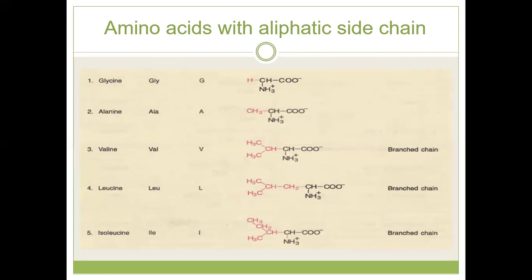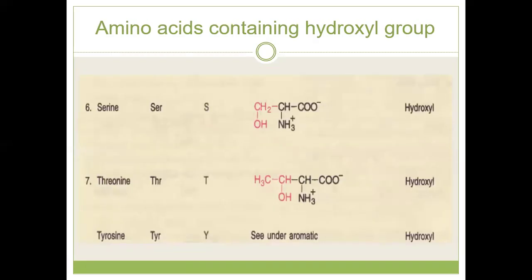So the next is hydroxyl group containing amino acids. So amino acids that contain hydroxyl group. The first one here is serine. When you look at the structure of serine and remember the structure of alanine, you will see that alanine only has a beta carbon, which is the methyl group.